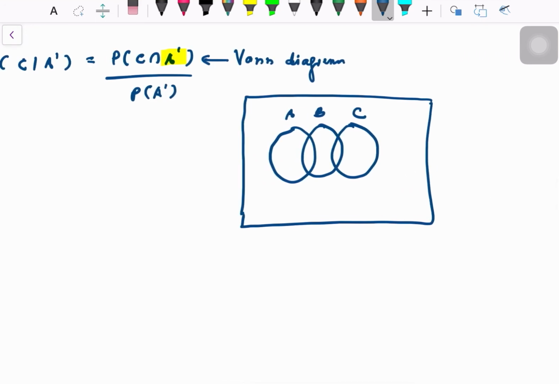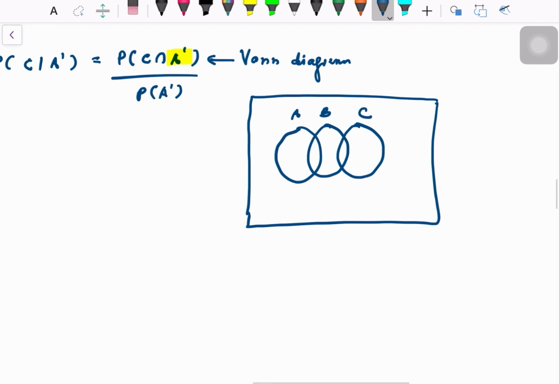Therefore, I'm going to draw the shaded region of C and also the A complement. Let's start with the A complement first. This means that I'm going to draw a region that is outside of A. So this is the region of my A complement.